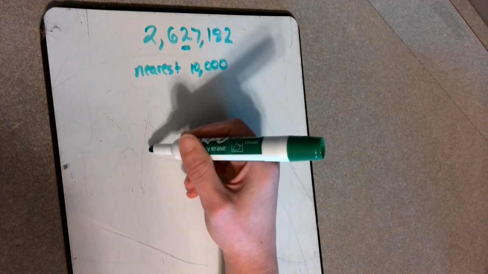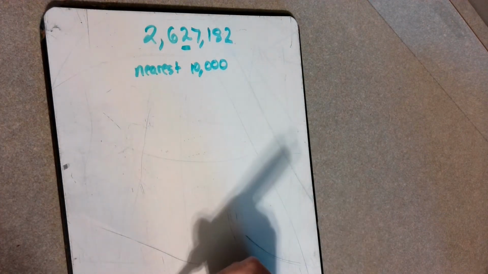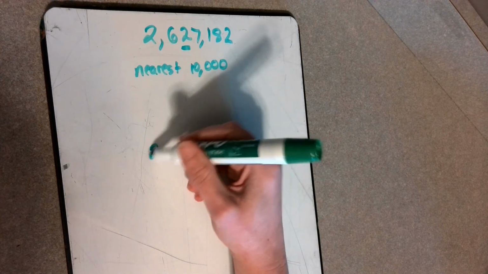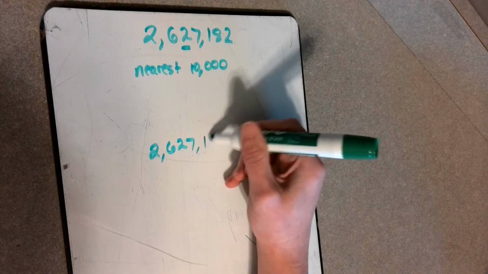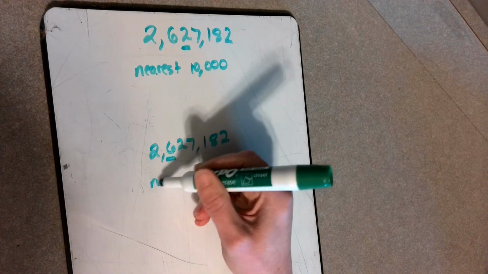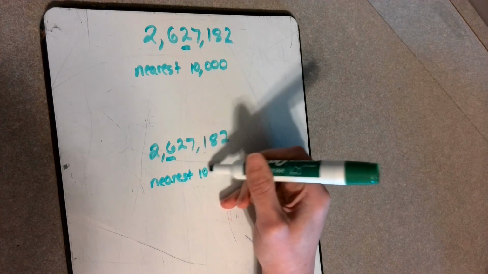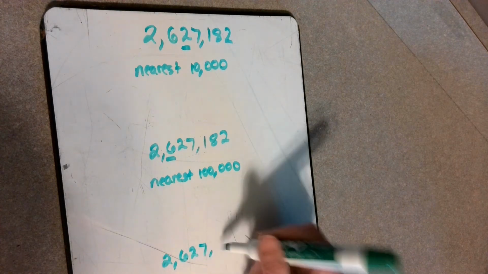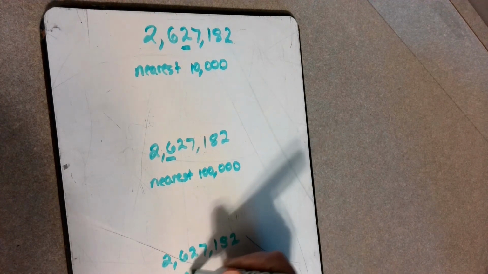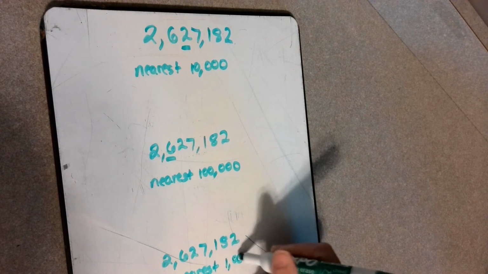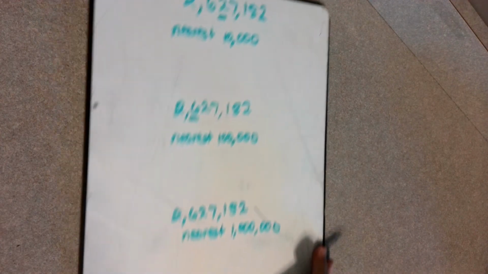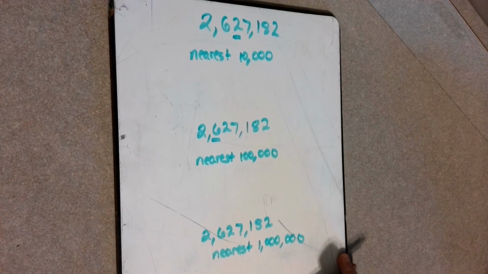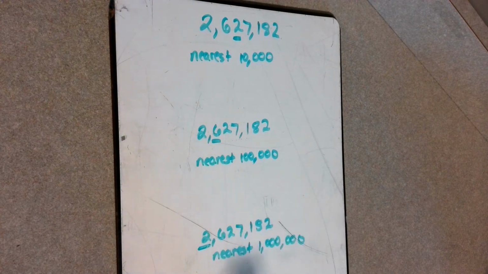That same thing to the nearest 100,000, and then to the nearest million. Okay, friends, so go ahead and pause right here and do the thinking on your own. When you're ready to check your work, unpause.